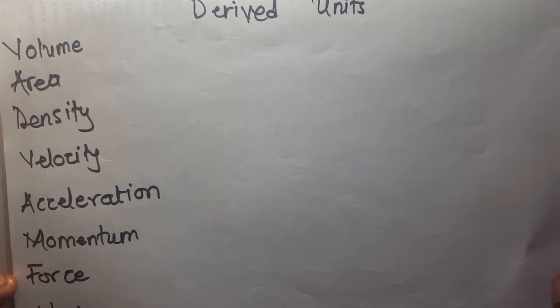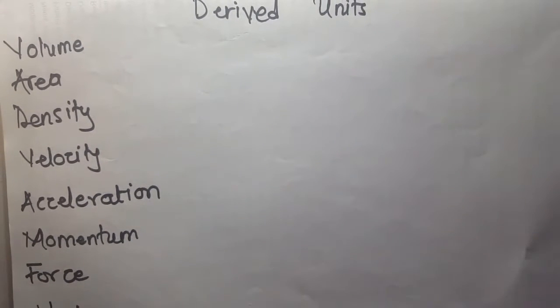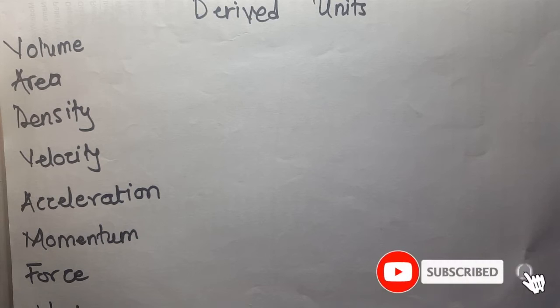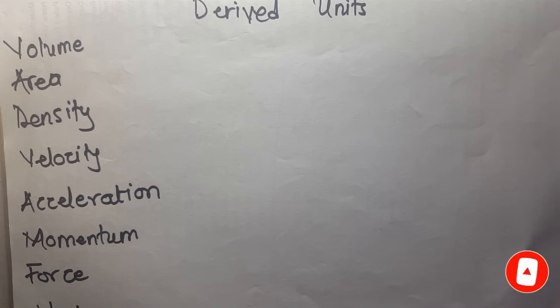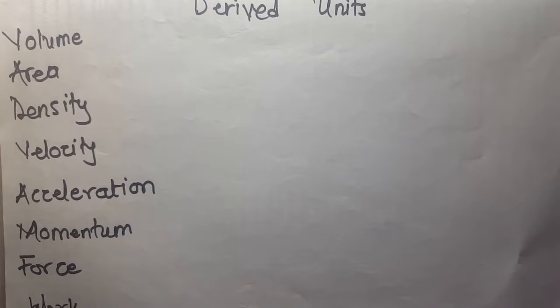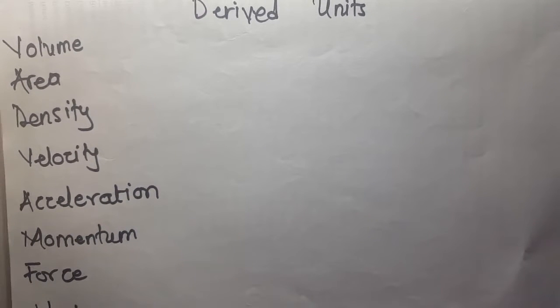I want us to be able to generate the SI units for them, and it's very simple. What you have to do is understand the basic units very well. When you understand them and apply them here, you don't have to chew the unit of velocity or the unit of momentum. Most students have issues with that.